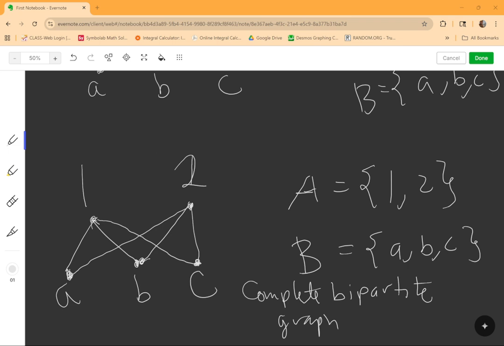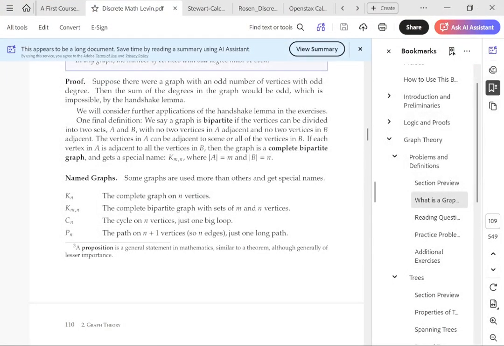Going back to our textbook, some of these graphs we refer to over and over. They're special type graphs, especially the complete ones, since every graph with n vertices has the same complete graph. So we have names for them: K_n, and complete bipartite K_{m,n}, which gives us the size of them, how many vertices each set contains.